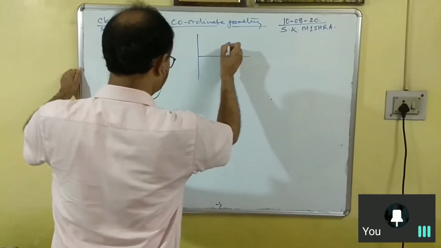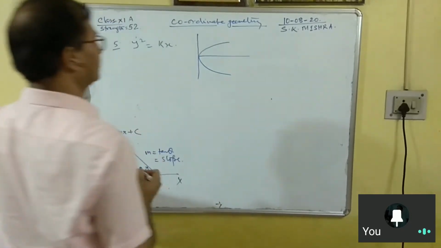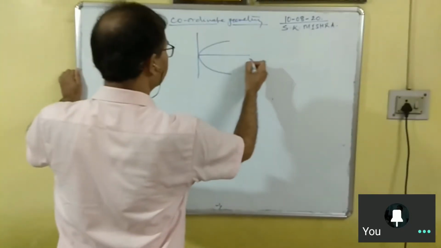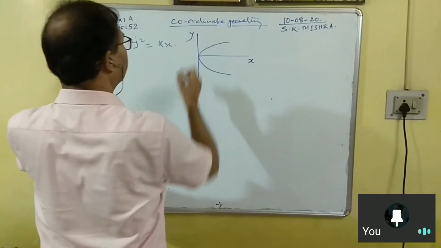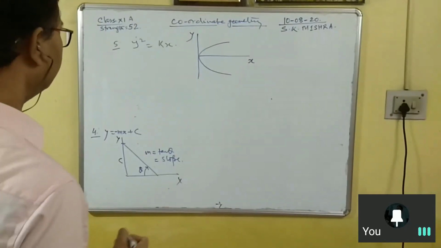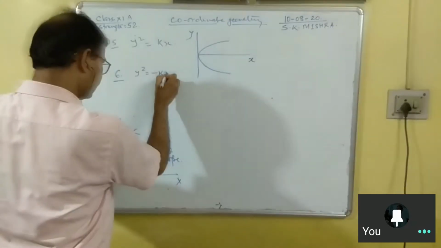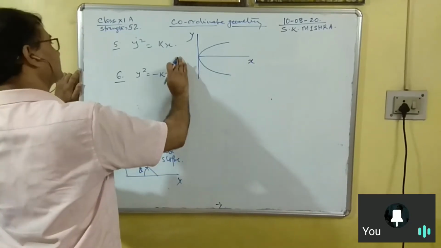here is your graph. So this is x, this is y. So y square is equal to kx. But if it is y square is equal to minus kx, then it will just be reversed to the other side.